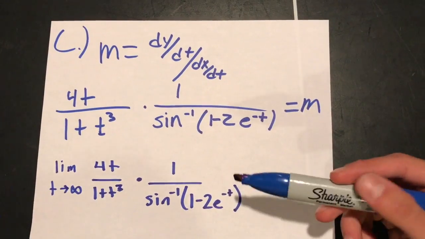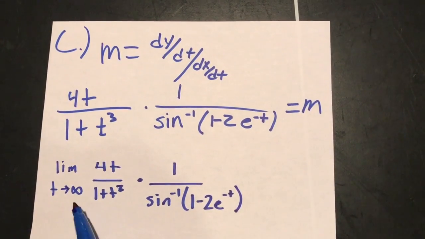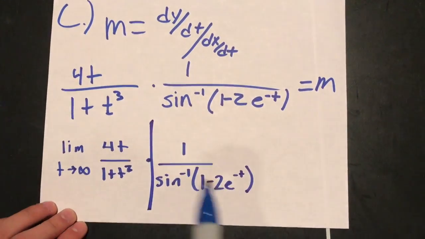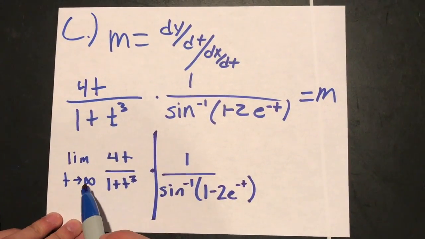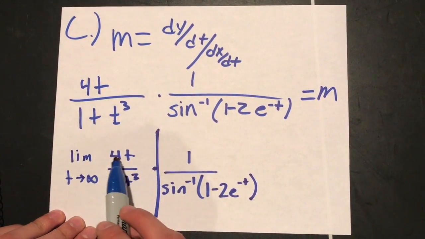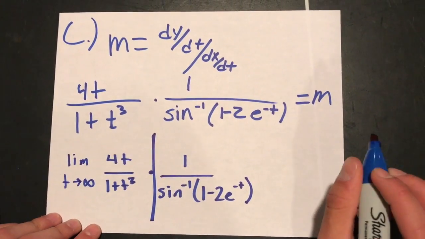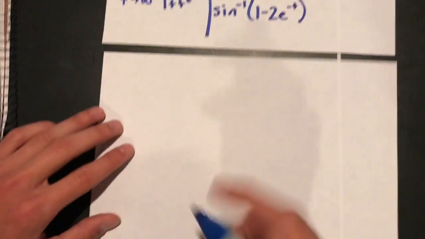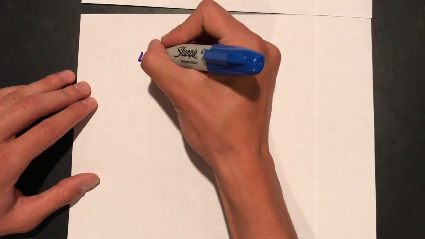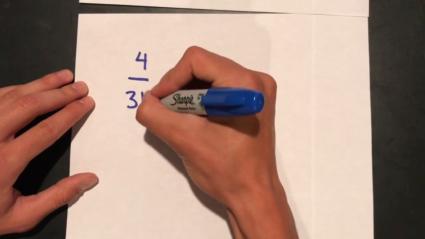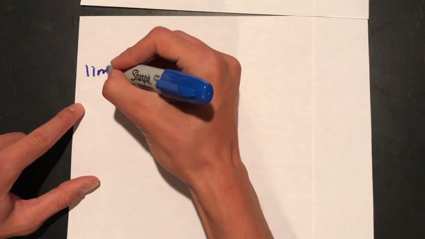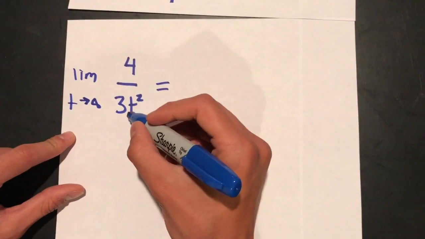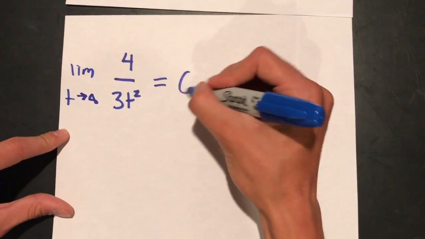You'll notice that this is a lot to try to put infinity into all the t values, but if we break this up by halves, you can see that this one right here, if you plug in infinity, is going to require L'Hopital's rule, because this will be infinity over infinity, which is an indeterminate form. If we take L'Hopital's rule, you'll end up with 4 over 3t squared, and as t approaches infinity, it's going to equal 0.